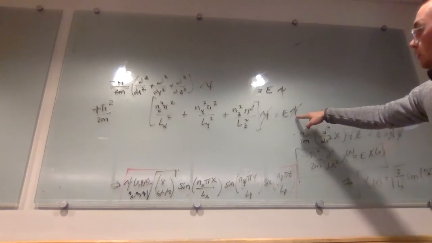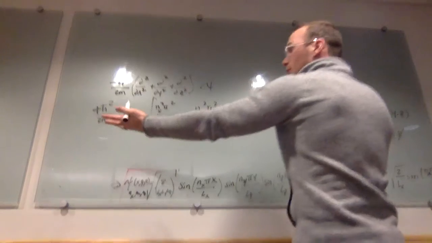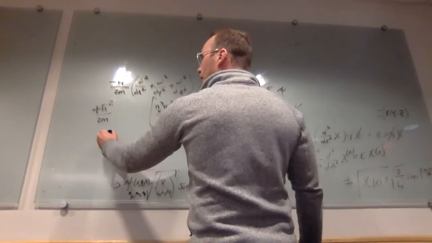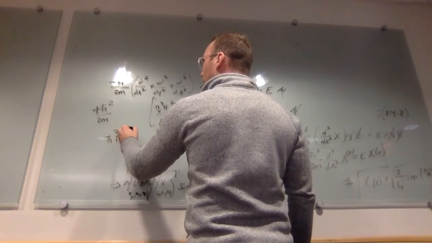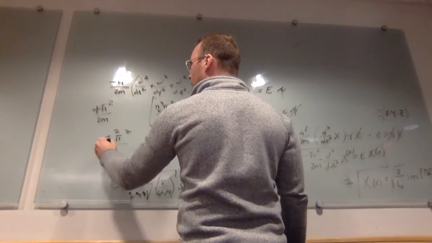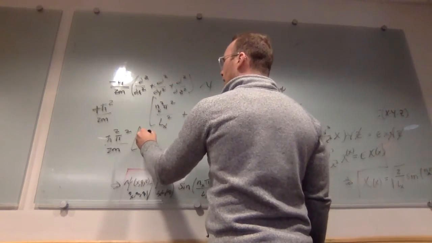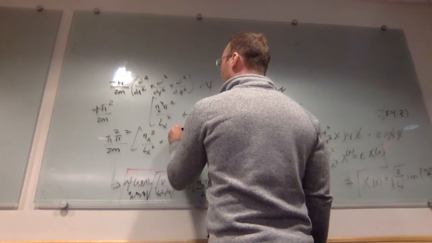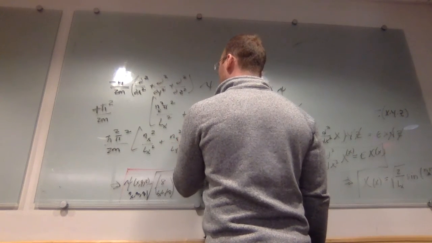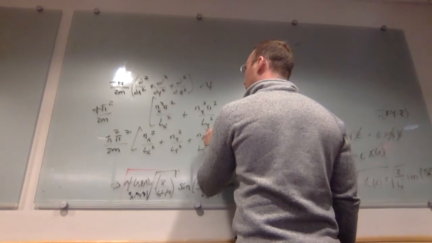So now I should literally just have E equals this thing, which is just a big number. This is h bar squared pi squared over 2m, factoring out common things, all times nx squared over Lx squared plus ny squared over Ly squared plus nz squared over Lz squared.